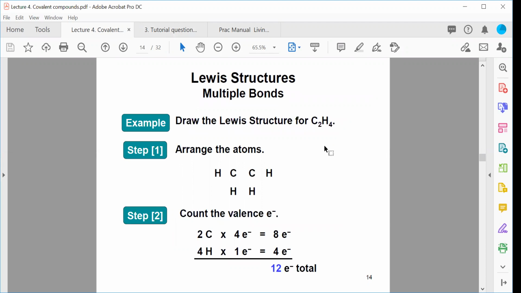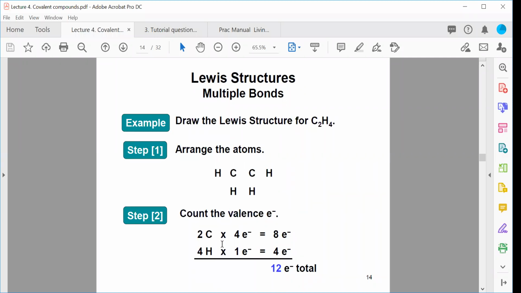All right, so let's look at an example, and this is just for your interest, an example of a Lewis structure with multiple bonds. Example: draw the Lewis structure for C2H4. Arrange the atoms with the carbons in the middle, hydrogens on the outside.